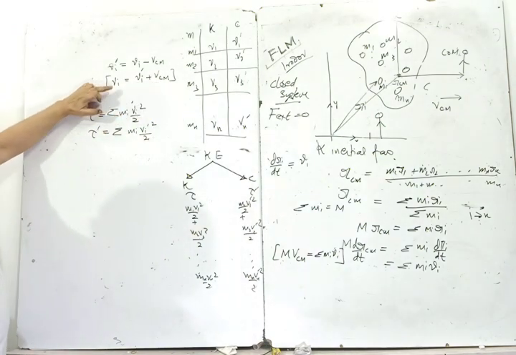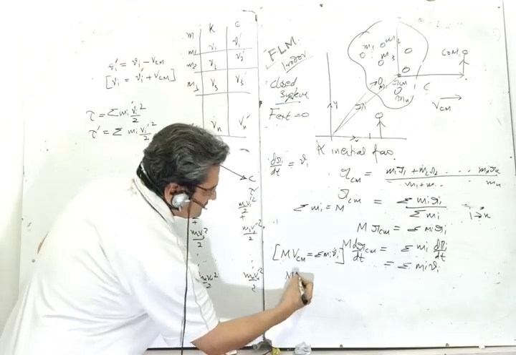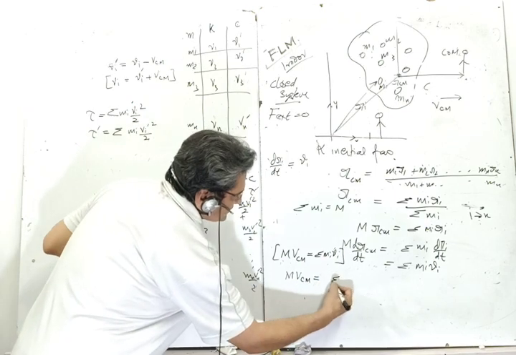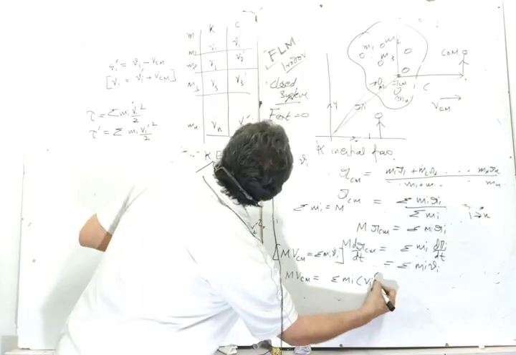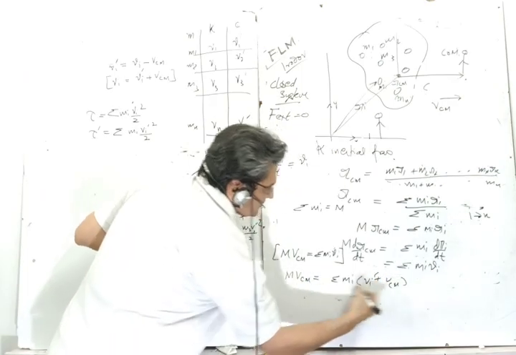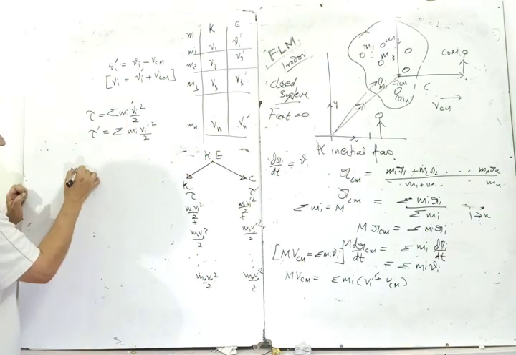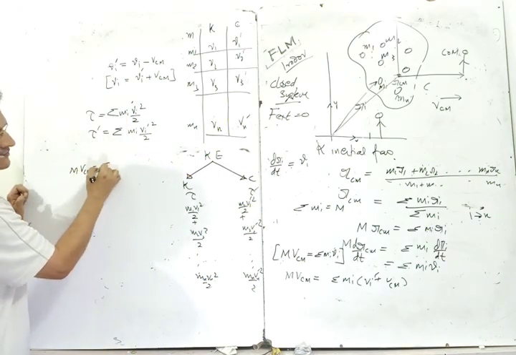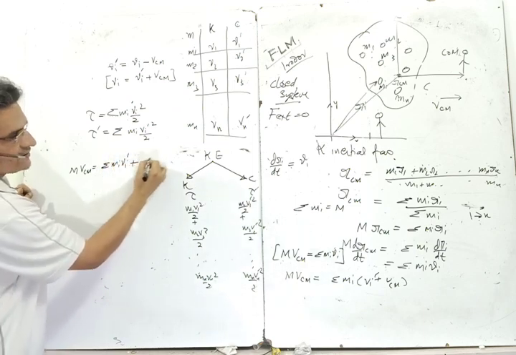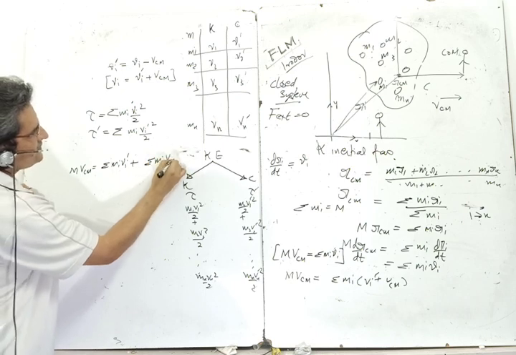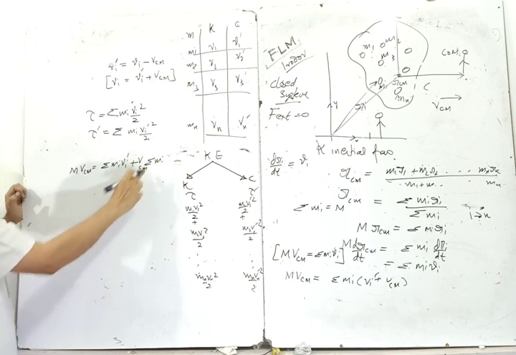This is another equation which I have got, and one equation is this. Let me put the value of this vi in this equation. Here I got M vcm is equal to sigma mi, and what is vi? It is vi dash plus vcm. Here I can open the bracket. M vcm is equal to sigma mi vi dash plus sigma mi vcm. Vcm is constant, so I can bring vcm out. What is sigma mi?